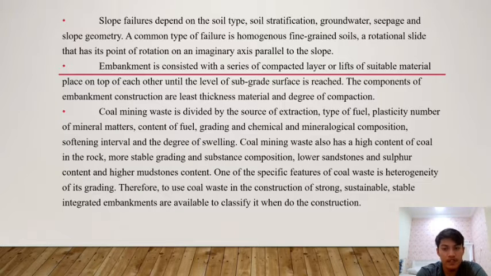One of the specific features of coal waste is the heterogeneity of its grading. Therefore, to use coal waste in the construction of a strong, sustainable, stable, integrated embankment, it is necessary to classify it when doing the construction. Thank you.